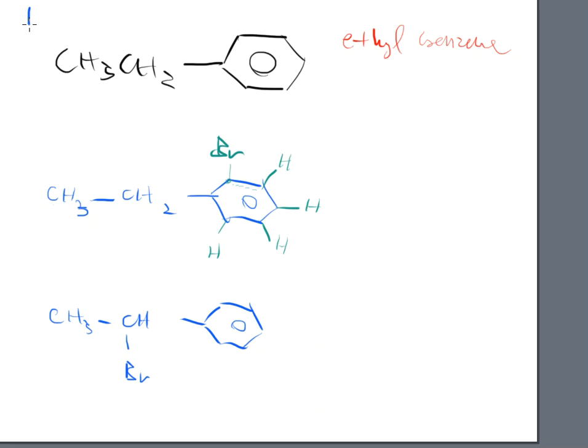So I've got check on the first one, check on the second one, and I'm going to do a check on the third one. This third option is a different signal. And the reason is because this bromine on the ring is different than the bromine in the middle on the ethyl group and the bromine here on the end on the ethyl group. They are all in different positions and they will be called a different name. So there is a third signal.